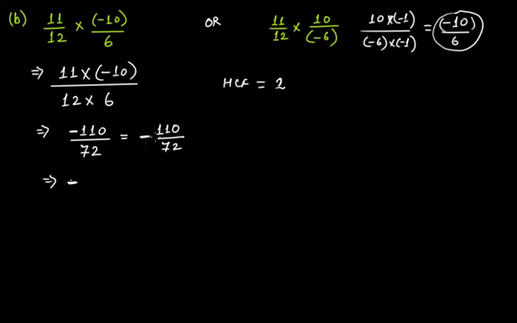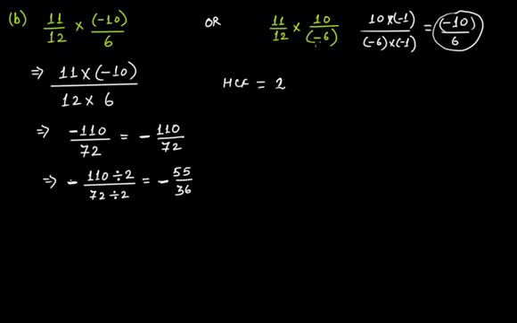This minus sign is actually in the center only, right? So if you divide 110 by 2 and then 72 by 2, you get 55 over 36. Right? So this is the answer.